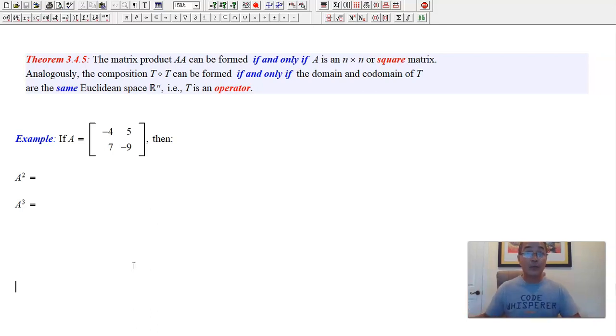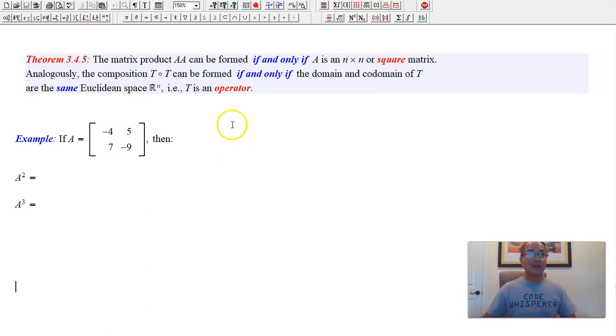Oh, that's what we call a square matrix. Okay, so analogously, a composition of two transformations can be formed if and only if the domain and codomain of that transformation are exactly the same space. In other words, it is an operator.